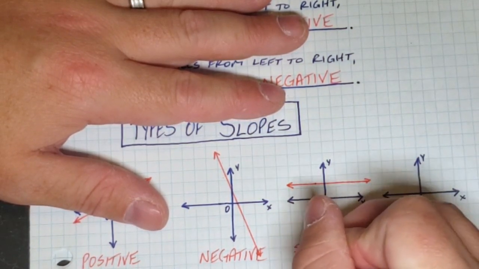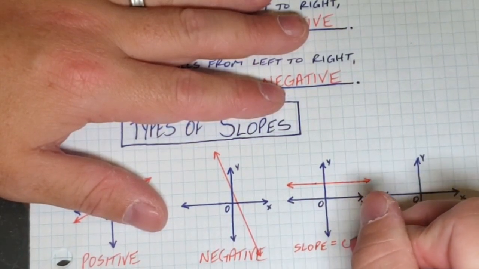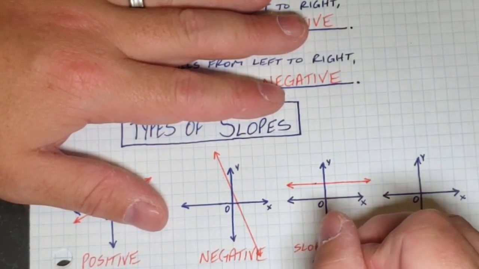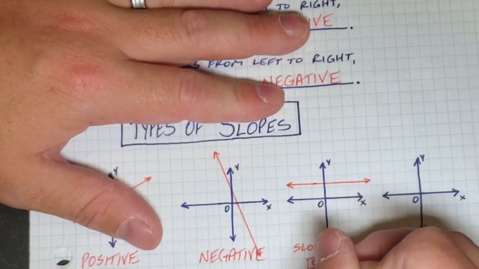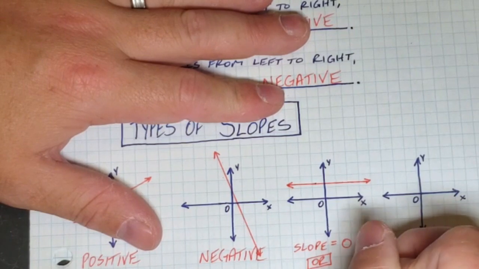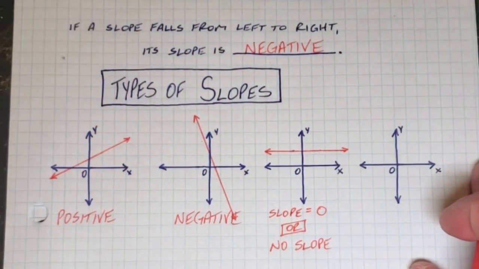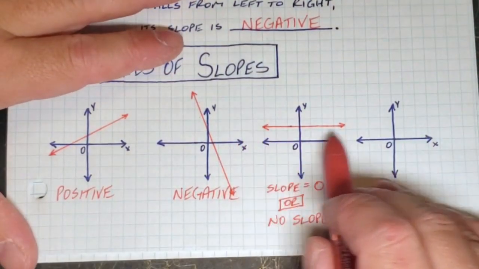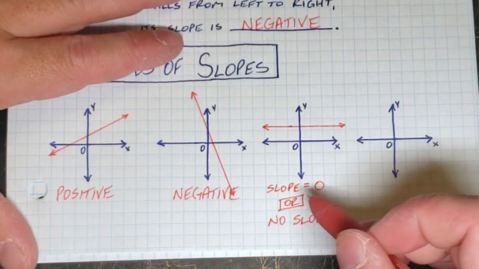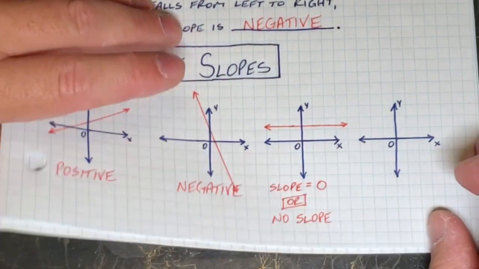So the slope of this road is 0. Or you could say that there is no slope to that line. If the line is parallel to the x-axis, if it's straight left and right, then it has a slope of 0 or no slope at all.